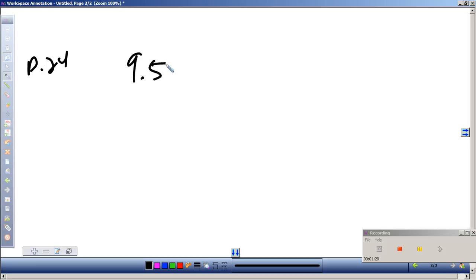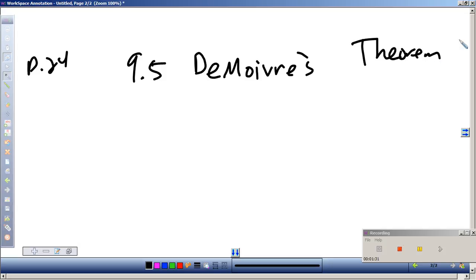So we are looking at 9.5, DeMoivre's theorem.